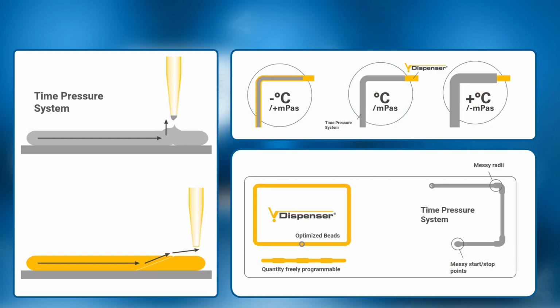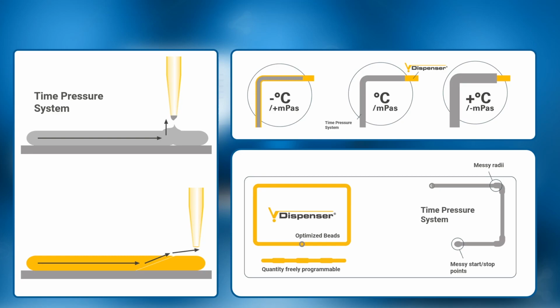What I will show you on the next slide are the advantages relative to other dispensing systems. Our system is a volumetric system, and the standard systems are time-pressure systems. That means you put some pressure on the cartridge, and the material flows out, normally over a valve at the end. It's necessary to have the same speed, the same pressure on the cartridge, and the same temperature, because at a higher temperature you have a different viscosity and not the same dimension of the bead at the end.